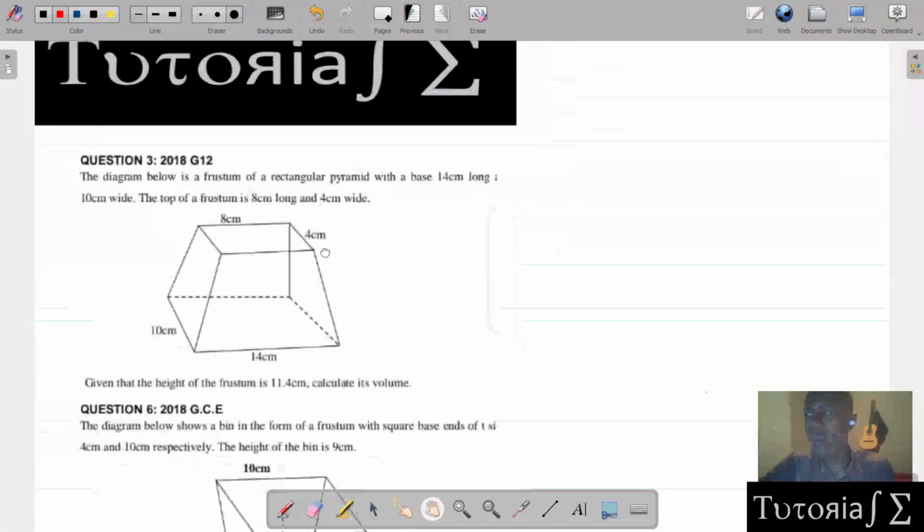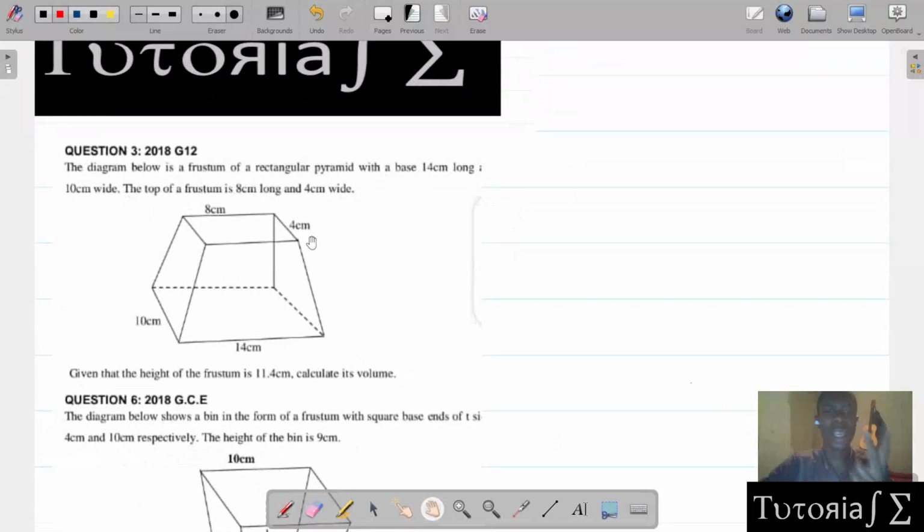So before you start solving the question, you will need two things. You will need to draw how the entire shape might have looked. Then secondly, you will need to draw the top part that was cut from our frustum here. So let's go ahead and draw that.